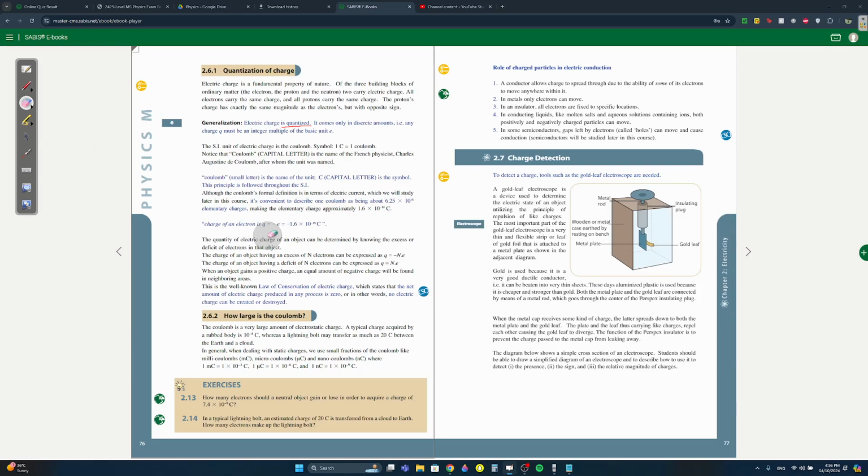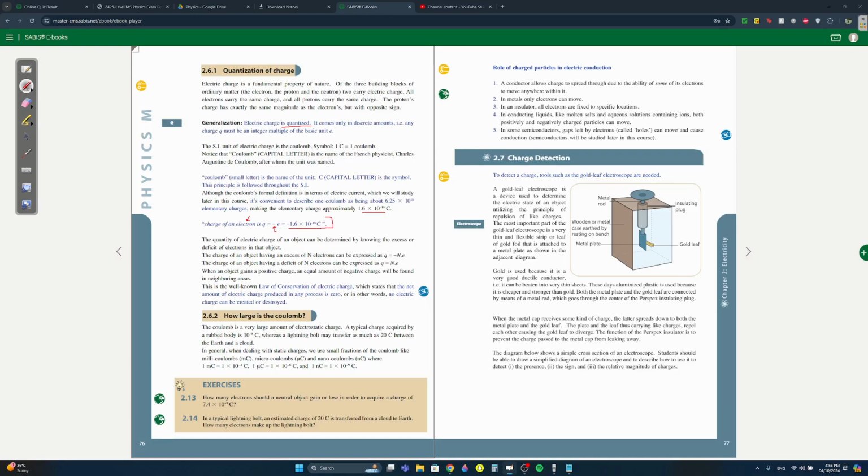The charge of an electron is negative e. We said e is the elementary charge, 1.6 times 10 to the power of negative 19 coulomb. But you know electrons are negative, so it takes the negative e.